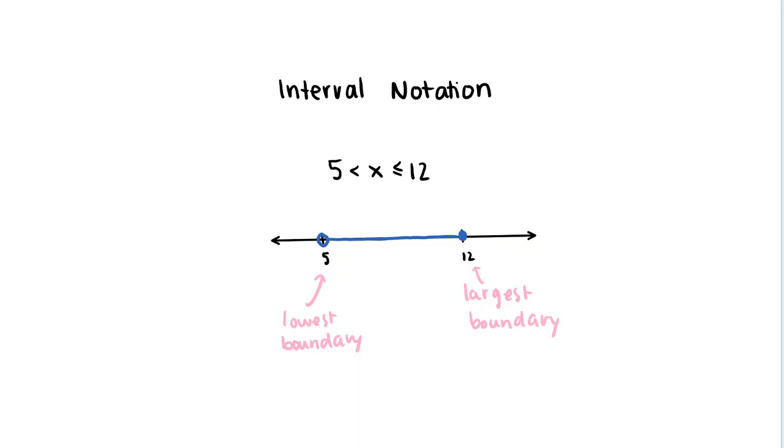If I told you the numbers between 5 and 12, you know more or less what I'm talking about. There's also this extra information of whether or not we include 5 or 12. But if we can capture all of these pieces of information, we really know the set we're talking about. And so this is what interval notation sets out to do.